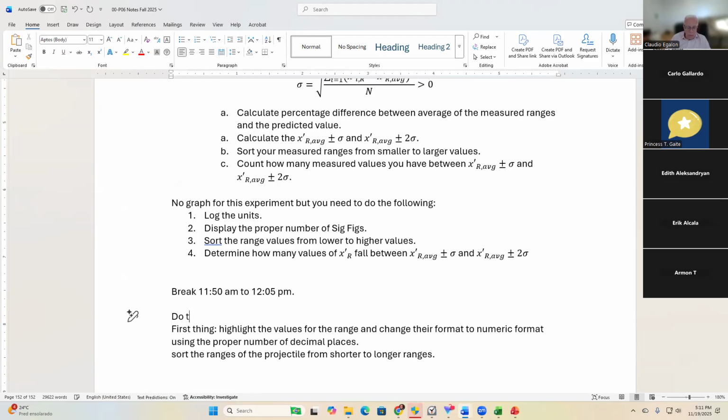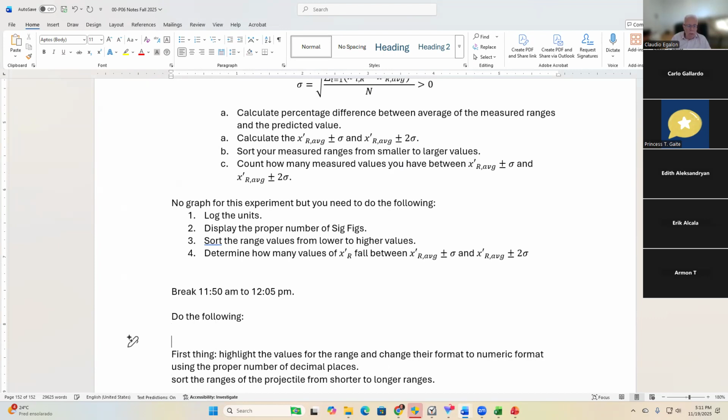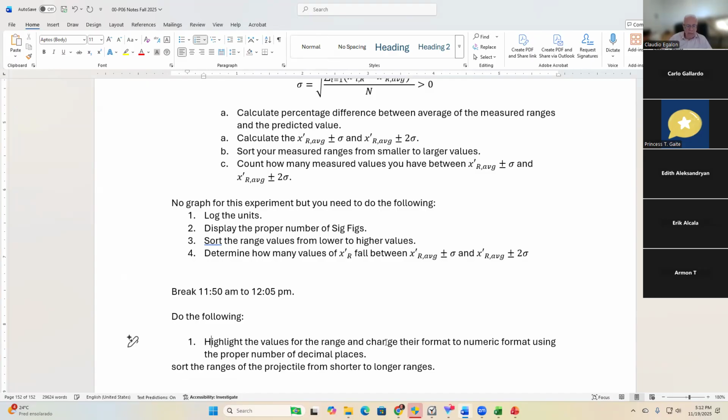Do the following. 1. Highlight. 2. Sort the ranges of the projectile from shorter to longer range.